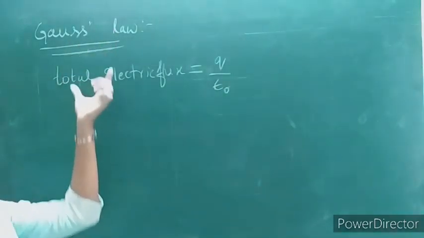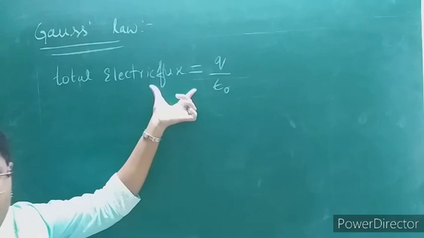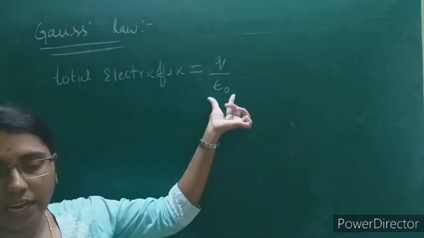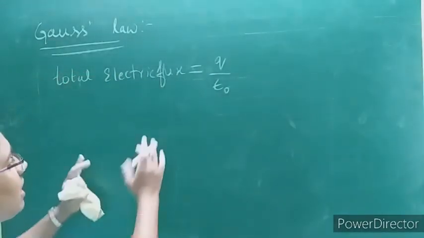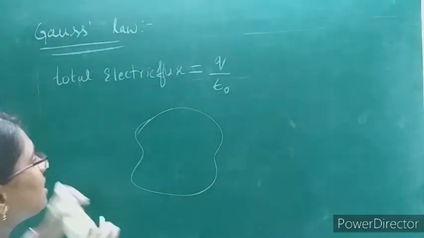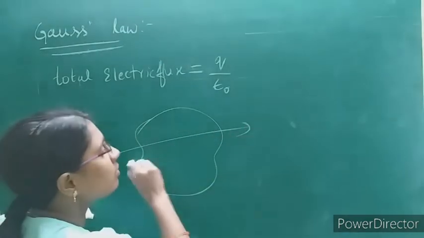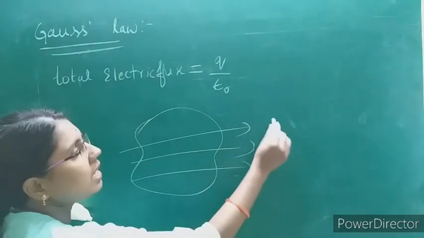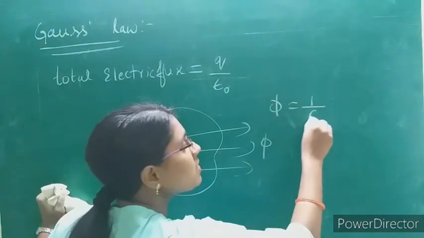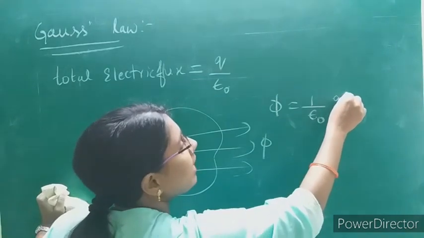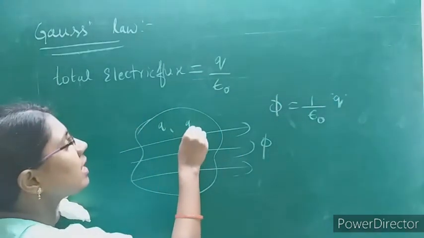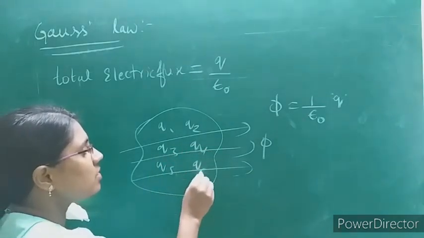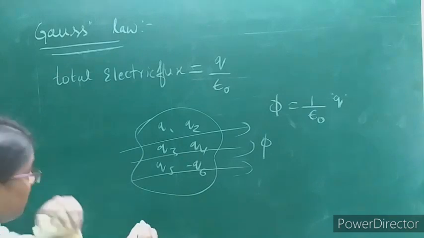It means that if we consider any closed surface, the total electric flux, that is phi, is always equal to 1 by epsilon naught times the net charge enclosed by that surface, whatever may be the kind of charges.